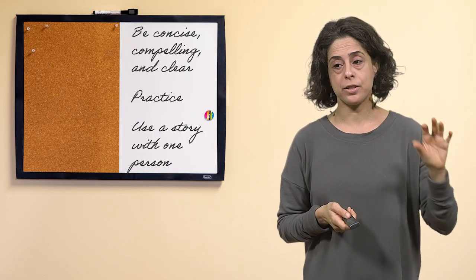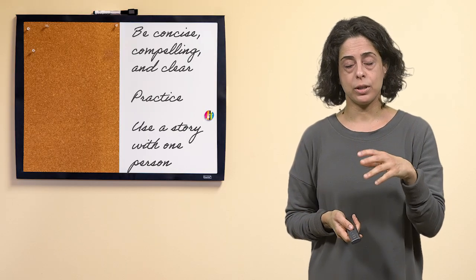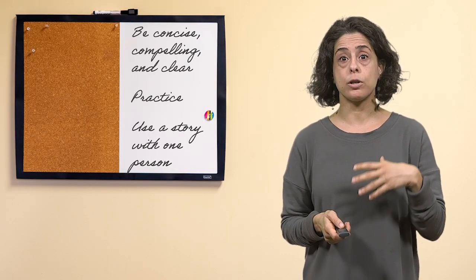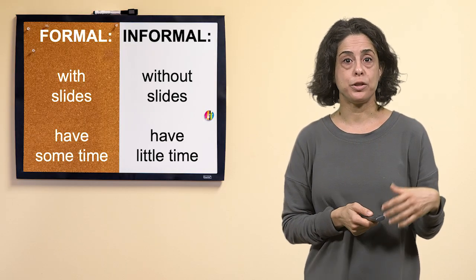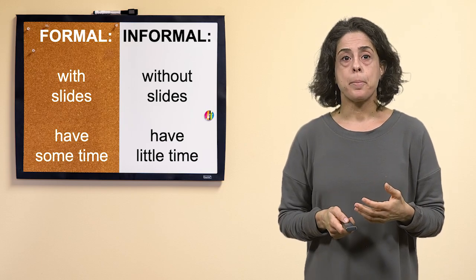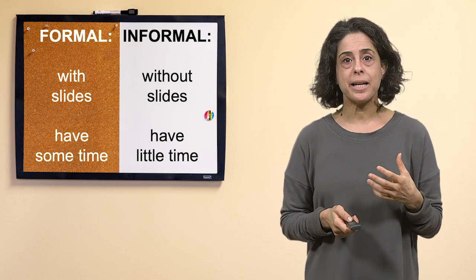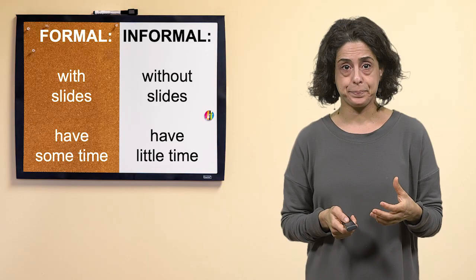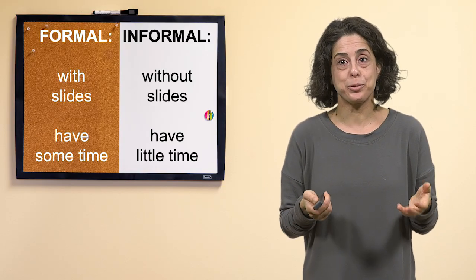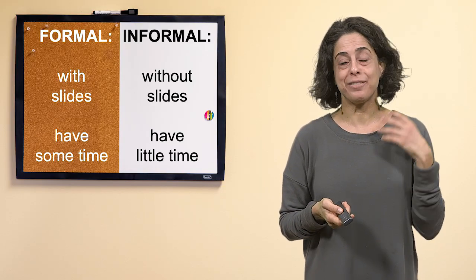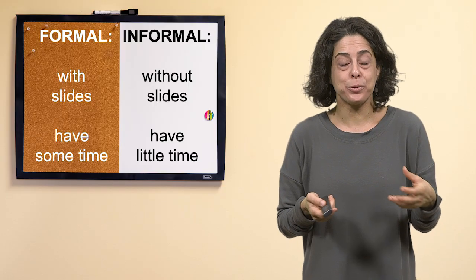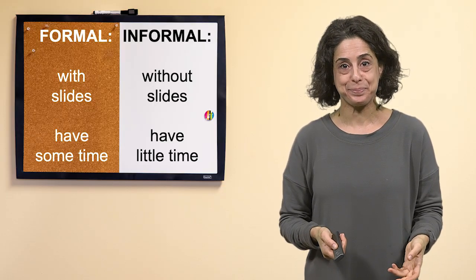So the full-length pitch and even the 5-minute pitch or less are used in a formal environment where you can use slides, etc. But an elevator pitch might be in an informal setting, like in an actual elevator where you run into someone and you have a minute or less to tell them what you're working on before the elevator's door opens.